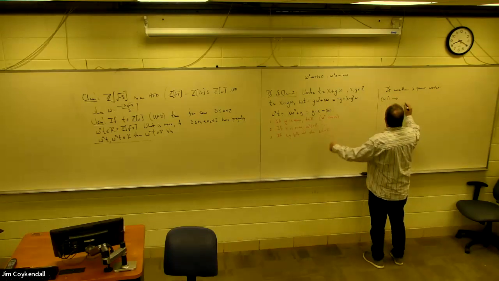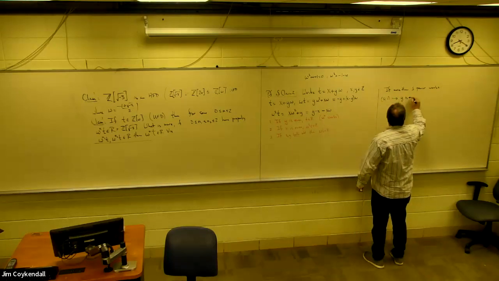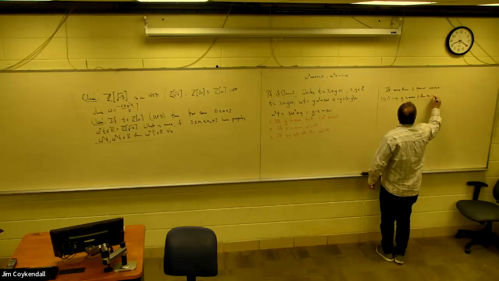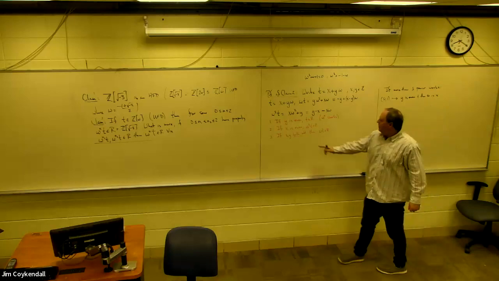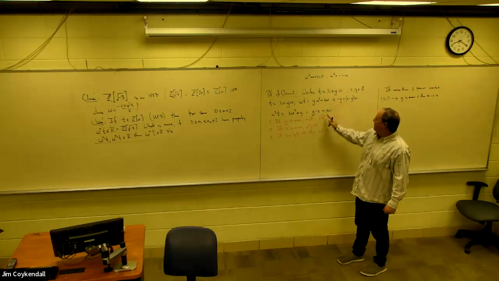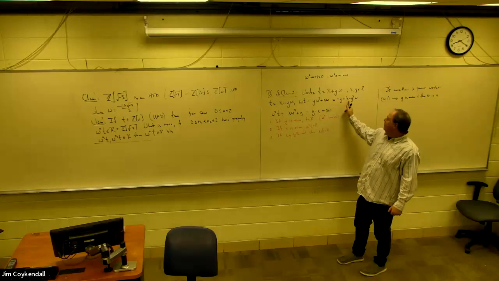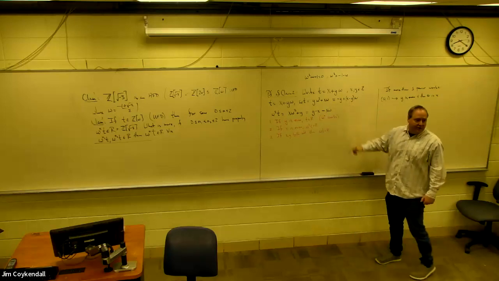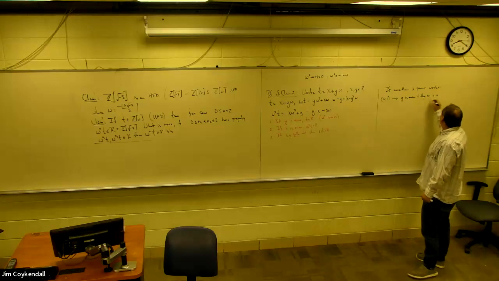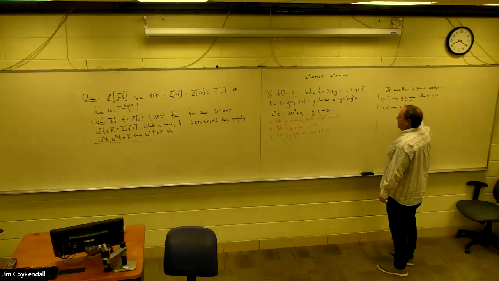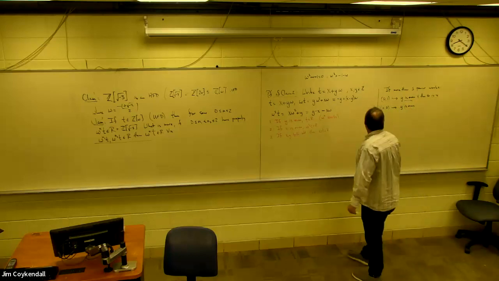So for 0 to work, y is even. And then so is x, because in this case you need x minus y to be an even number. You already know y is even, so x is even. For 0 and 2 to work, y is even, and for this to work, x has to be even.